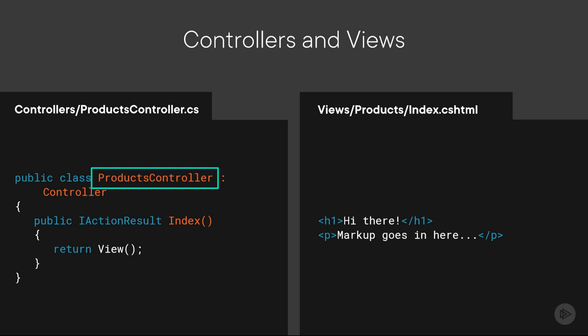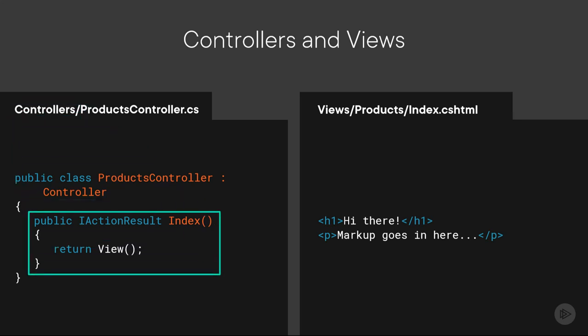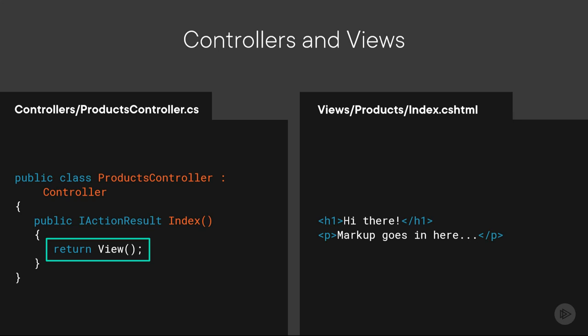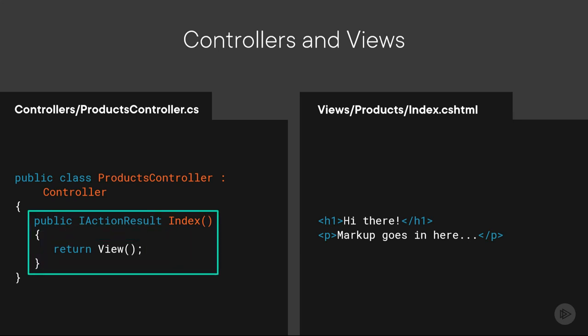Note also that most controllers that we define will inherit from a base class of controller, and they're commonly in a folder called, guess what, controllers. They'll generally have some public methods that return IActionResult, and the return statement that does that will be some kind of invocation of the view method defined on that base class. These types of public methods in controllers are often referred to as actions.